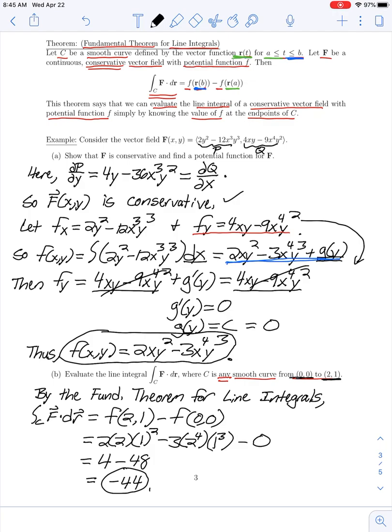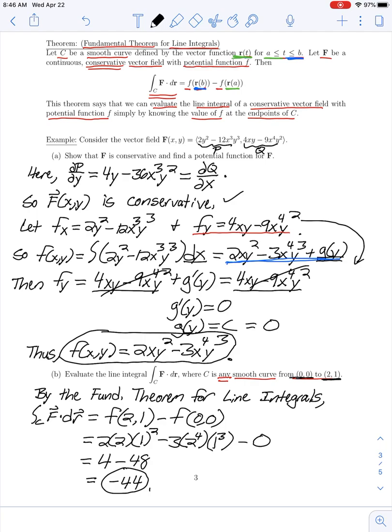So this fundamental theorem gives us a much easier way to evaluate a line integral of a conservative vector field, so we don't have to find a parameterization of our curve that connects these points and use our method from the previous section.